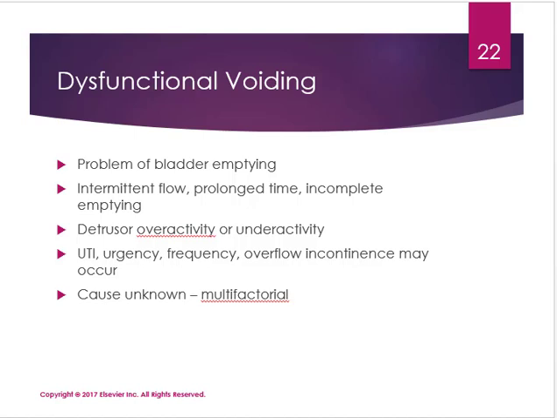Hi everyone, we're back for the second part of Chapter 12, Elimination, and we're going to talk a little bit about dysfunctional voiding. So dysfunctional voiding is defined as a problem of bladder emptying, and we know during voiding that there's contraction of the external urethra.